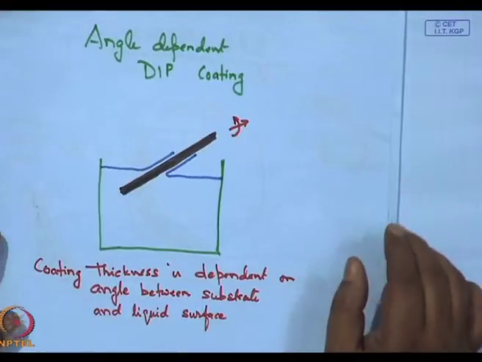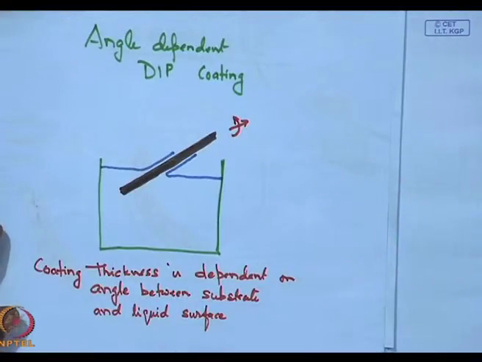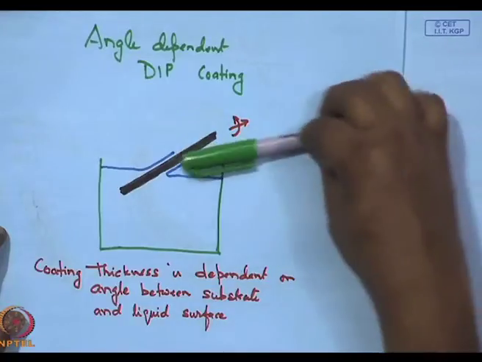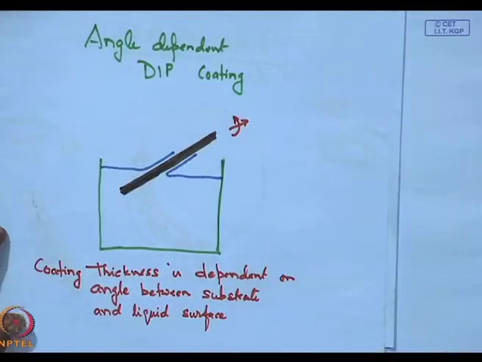Another mode of dip coating is this angle dependent dip coating. This has its advantages in the sense that the coating thickness is dependent on the angle between the substrate and the liquid surface. Here you have a much larger surface area exposed to the liquid.